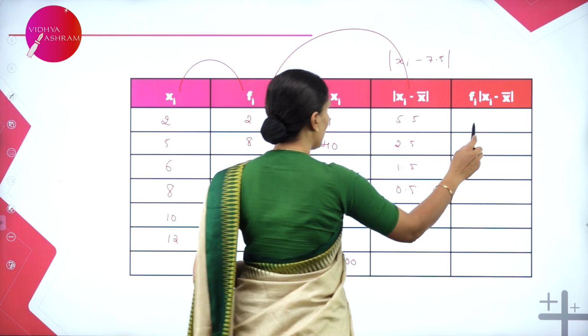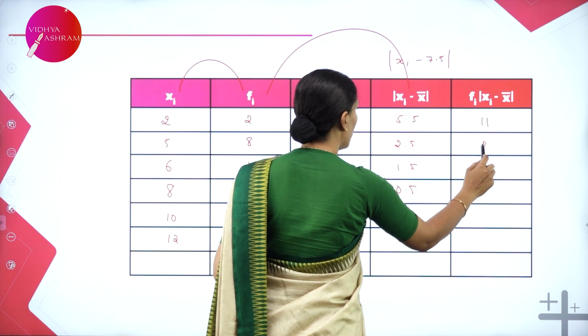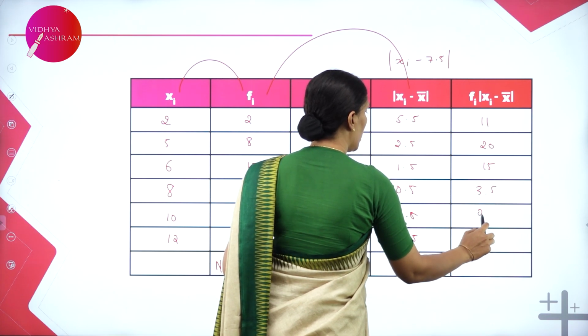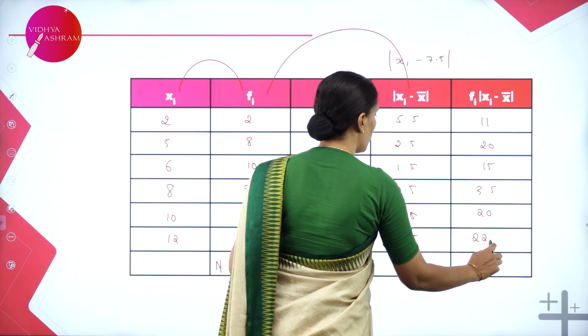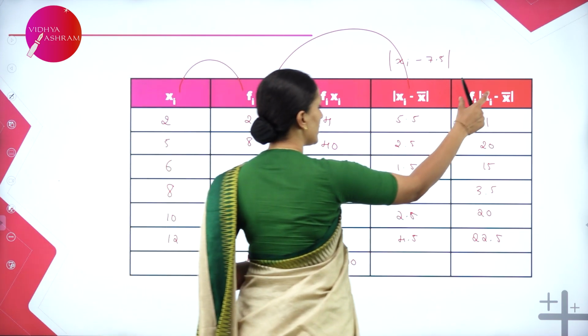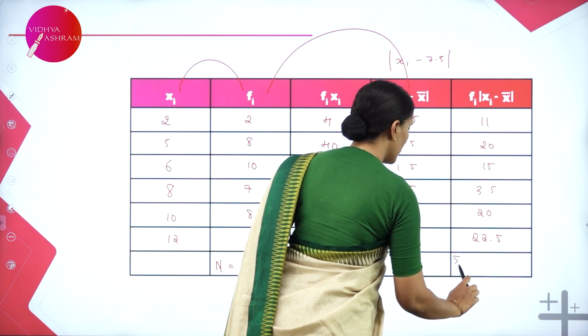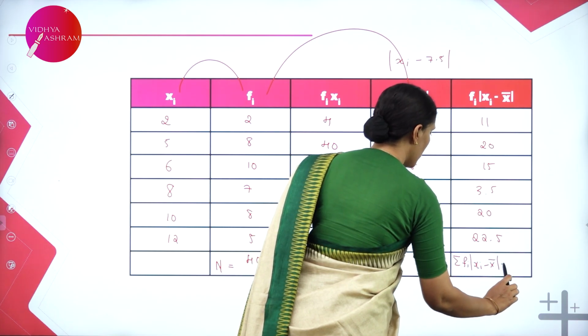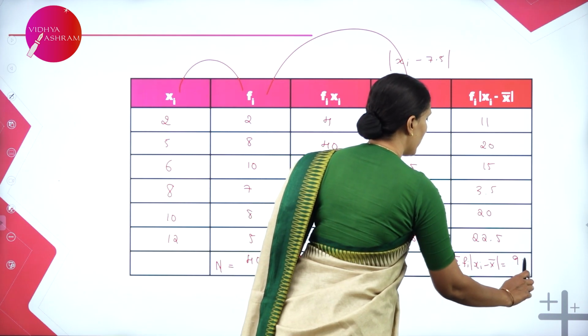Then you will get the values 11, 20, 15, 3.5, 20, 22.5. Now once you get the last column, you need to take the summation of this, summation fi |xi minus x bar|. So this is equal to 92.